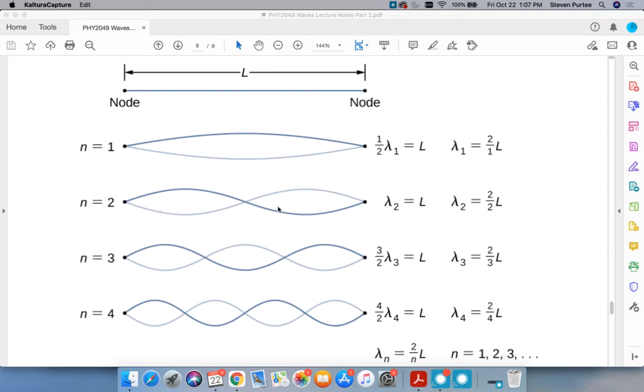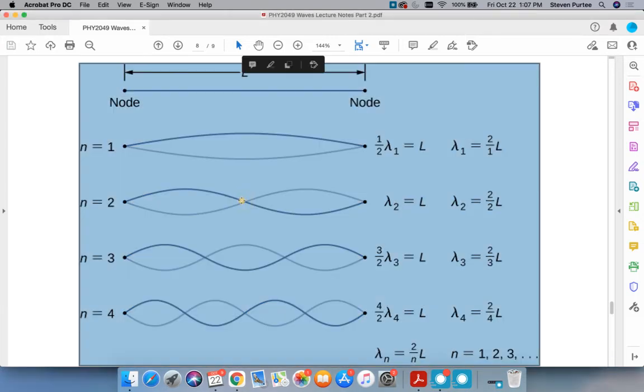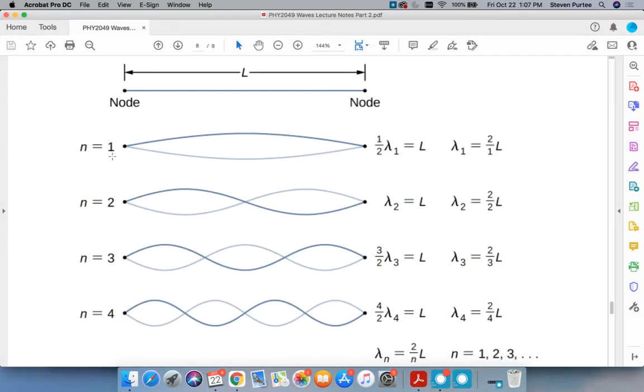In order to get this picture, you would have to go twice as fast as you did here. This is our first harmonic. This is twice the frequency of the fundamental frequency. And we would have a node, we call these spots here, where everything cancels out, nodes.